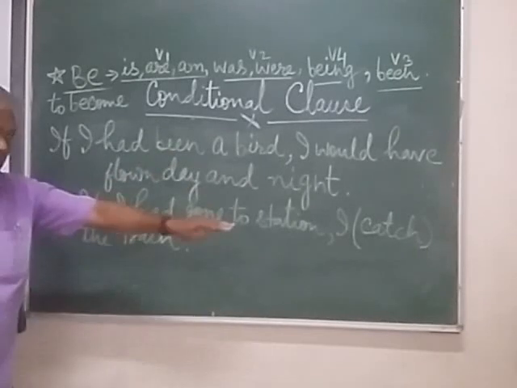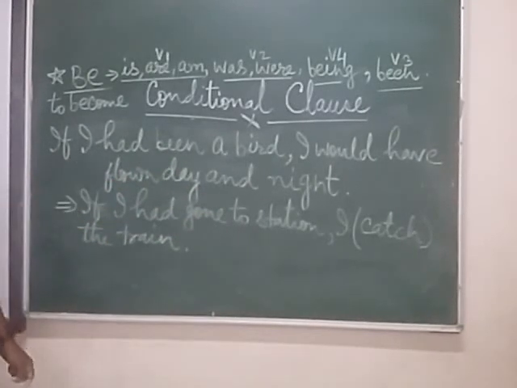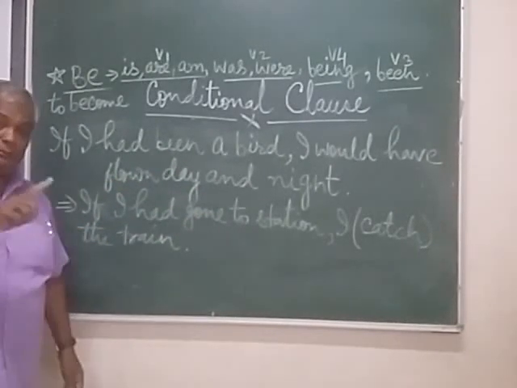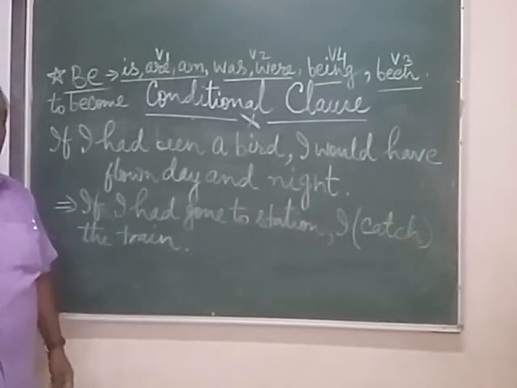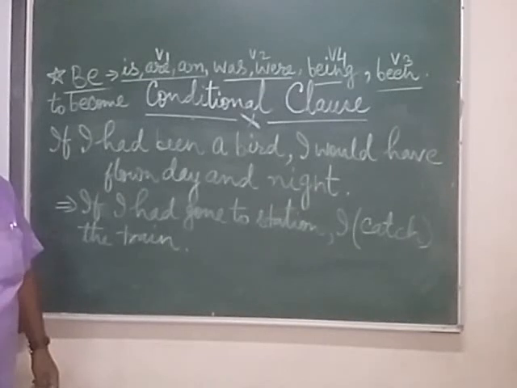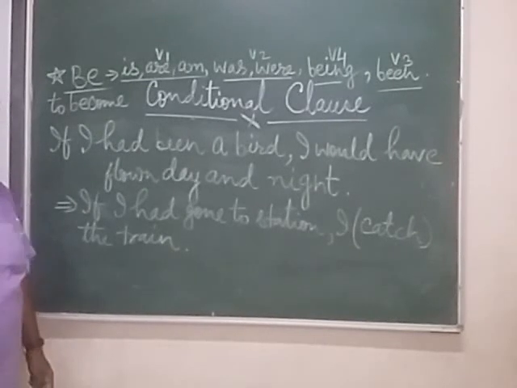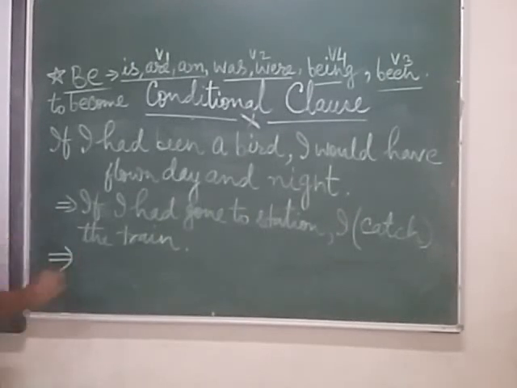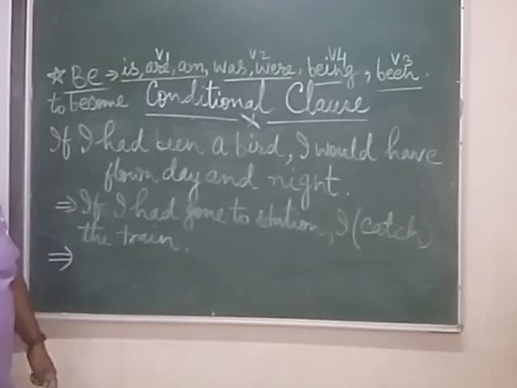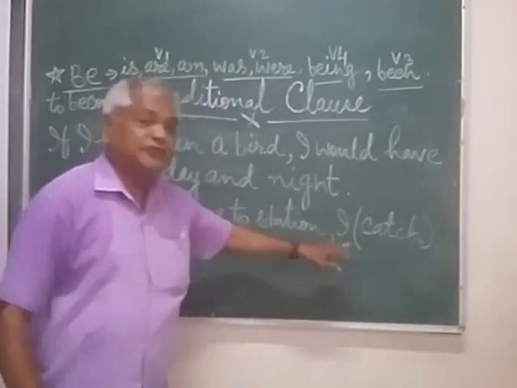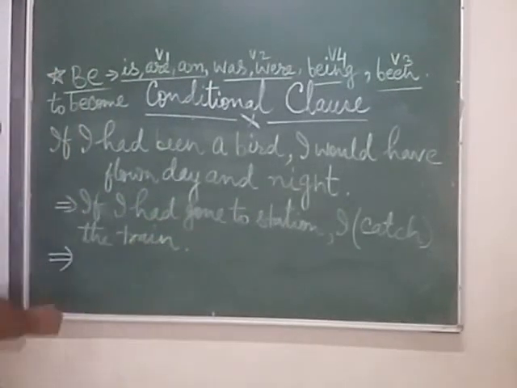Now the next one, the next structure, I have given you subject plus models, would, should, whatever it is, and afterwards have and V3. So the sentence can be written here. This thing that you need not change, it will remain the same. Only the bracket words can be changed.